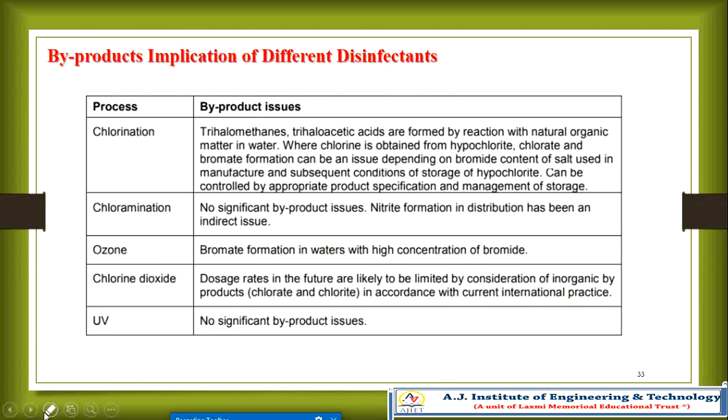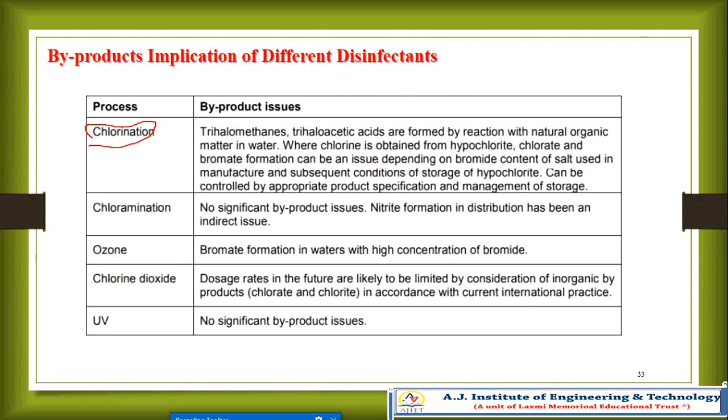If we concentrate on chlorination, the byproducts are trihalomethanes and trihaloacetic acids, formed by reaction with natural organic matter, which I told you about. Chlorine is obtained from hypochlorite, and chlorate and bromate formation can be an issue depending upon the bromine content of the salt used.